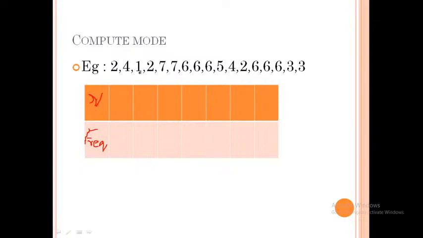We have many variables: 1, 2, 6, 3, 4, 7 and so on. So we'll write the variables first here.